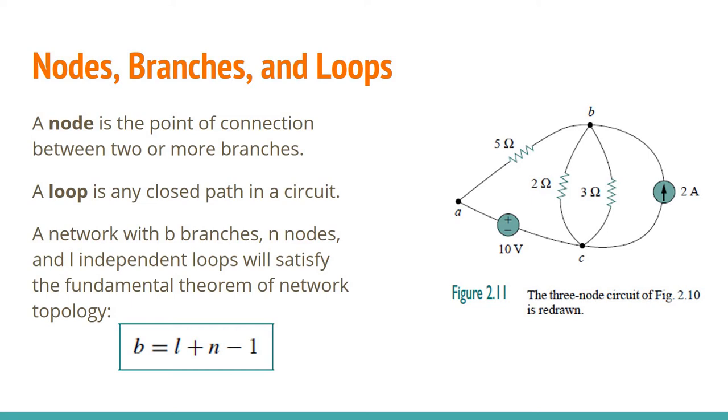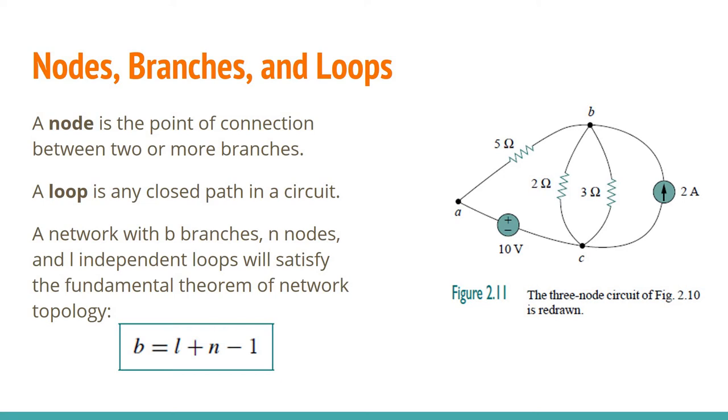And then kani pong sa node C na ay point of connection ang voltage source, which is the 10 volts, ang 2 ohms, ang 3 ohms, ug ang current source. Diri sa node A na ay point of connection ang voltage source ug ang 5 ohms. Okay, so mao na siya ang definition sa node. Node is the point of connection between two or more branches. So duha or more, two or more.